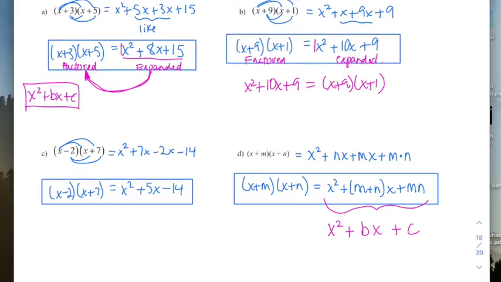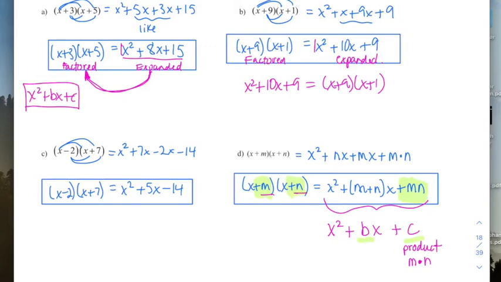Now what I want us to notice is the relationship between m and n in the binomial and the coefficients b and c. If I look at this last term, I can see that c is the product of m times n, just these two.